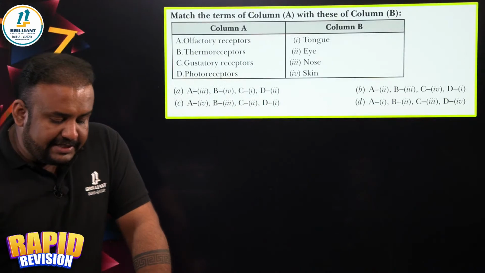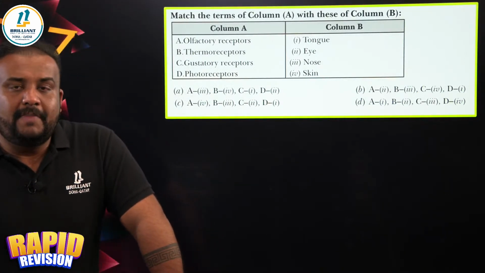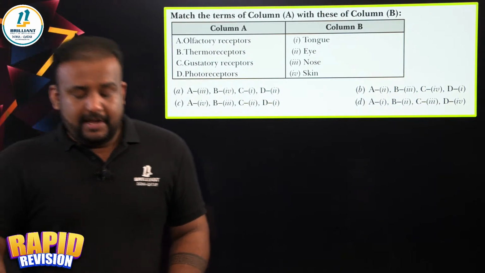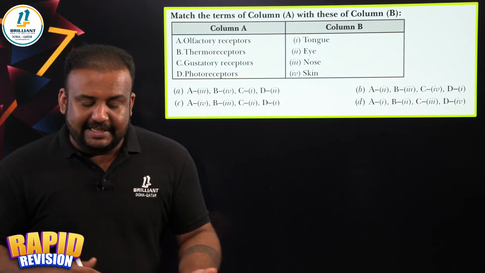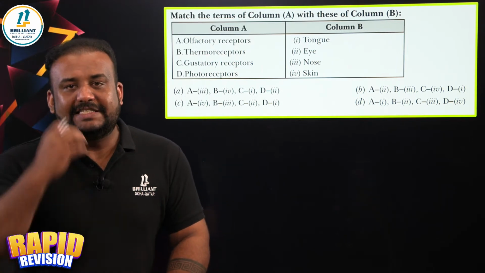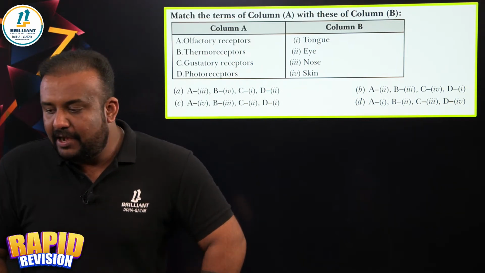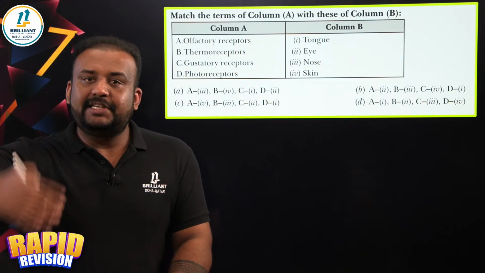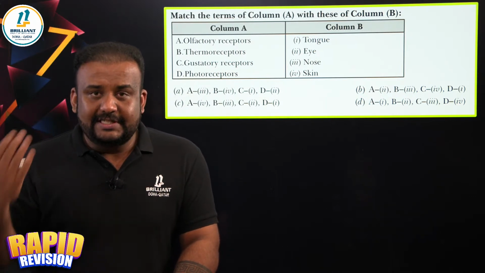Right. Next question. Match the terms of column A with those of column B. It's about the receptors in the body. First one, olfactory receptors. Olfaction is smell, so the receptors are nasal receptors, in the nose. Then thermoreceptors, sensation of heat, on the skin.